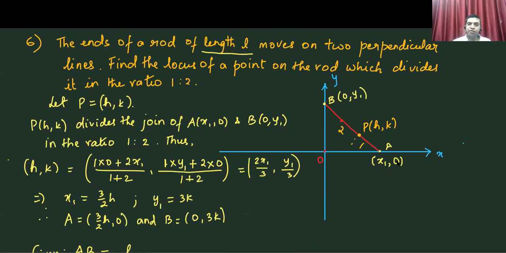The y coordinate will be 0 for A and the x coordinate will be 0 for B. Then we applied the section formula on AB, and we got a relation. From that, we could write x1 in terms of h and y1 in terms of k. Then we applied the condition that length AB is equal to L.